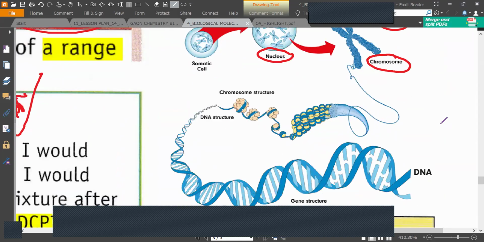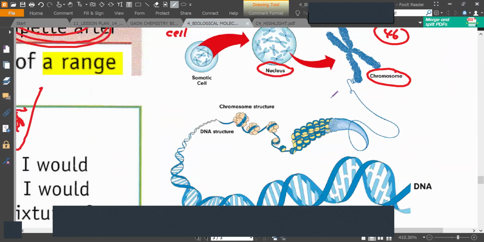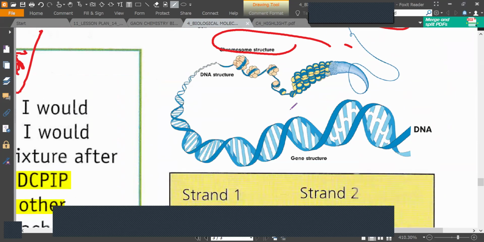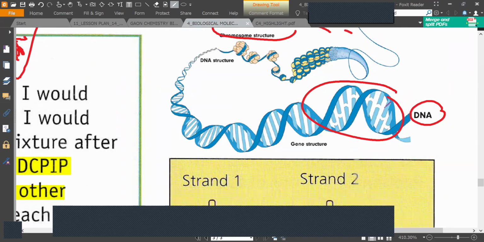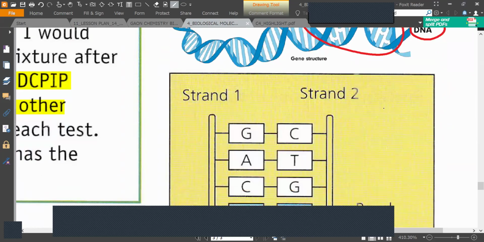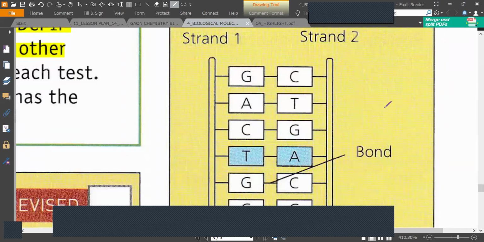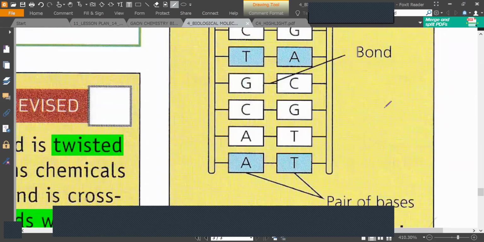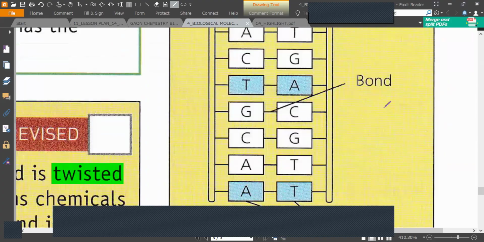If we unwind this chromosome, we will find this DNA. If we straighten it up, we will get these 2 strands. These 2 strands are joined together by bonds.